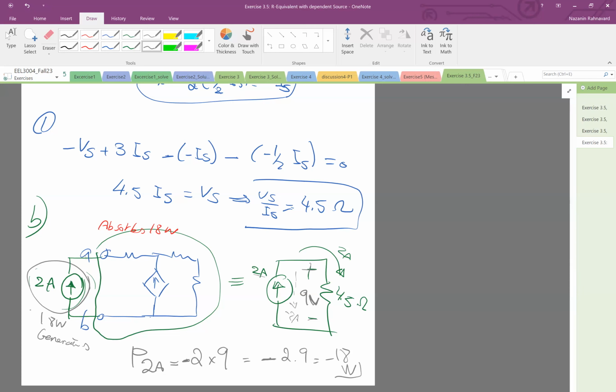So if we consider negative here, we have negative 18, which generates 18. For the whole thing, you don't have to do all the calculations, what's the power on this, what's the power on this. You can say the whole circuit definitely has to absorb 18 watts. So without further calculation, we will know how much power this circuit absorbs under this condition.